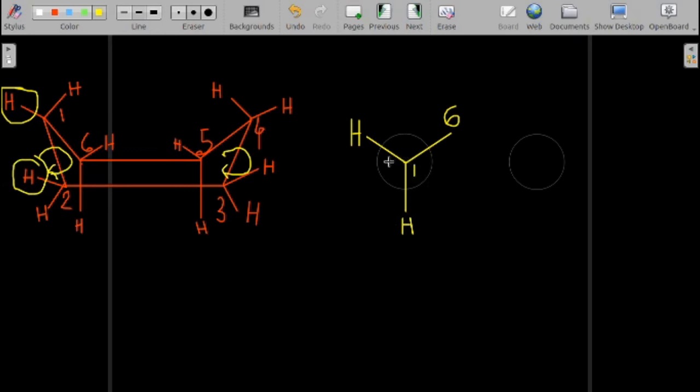Opposite to the C1 carbon of the circle, there will be the C2 carbon, because we will consider the rotation about the C1 and C2 carbon.